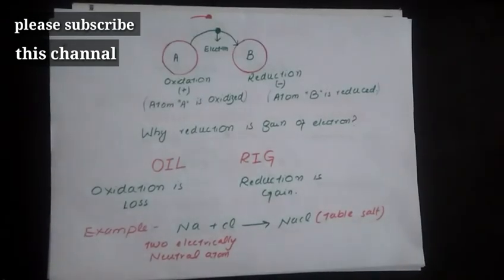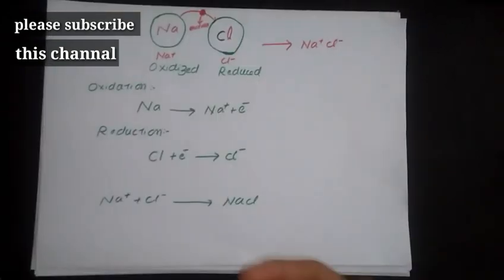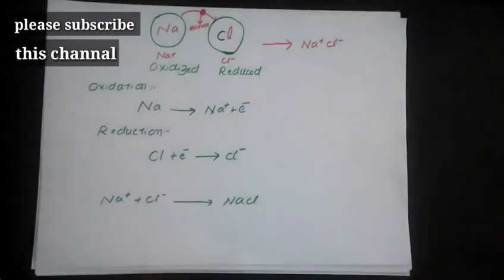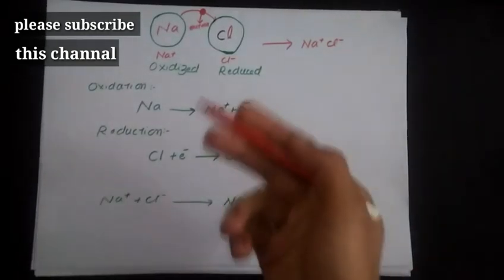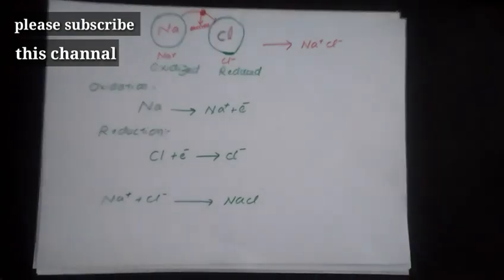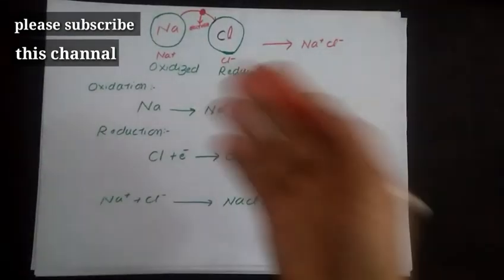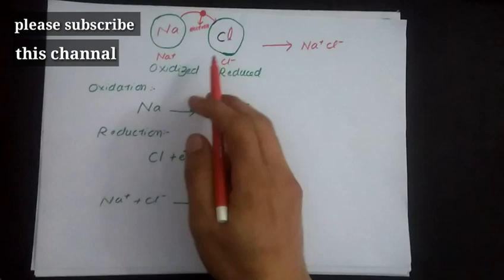And we also went through some example to better understand what is reduction and oxidation, right? We also talked about Na and Cl, that both are electrically neutral atoms, means they don't have a charge. So in order to stick together, they must have charge, right?